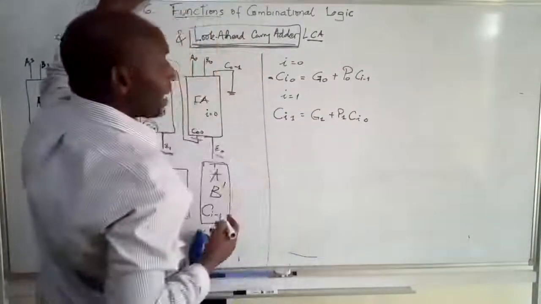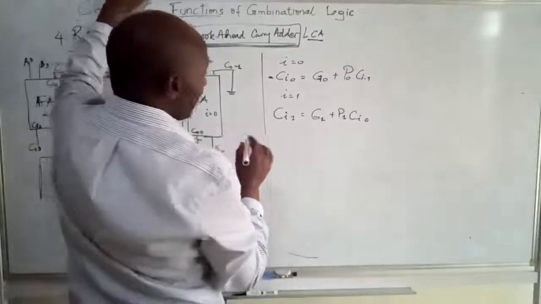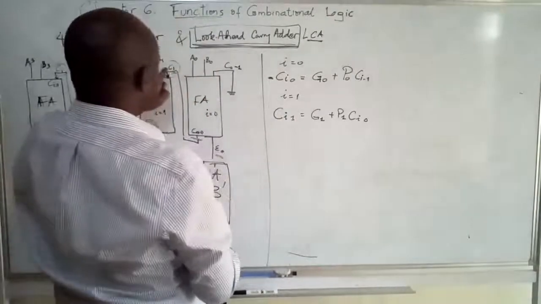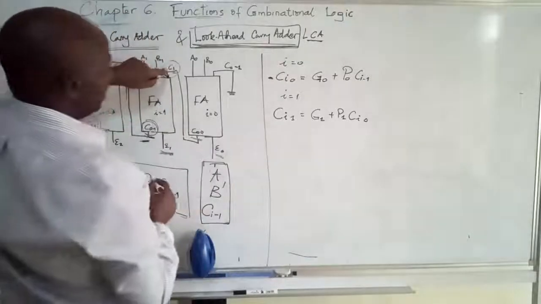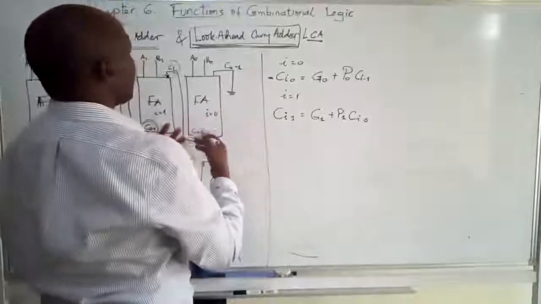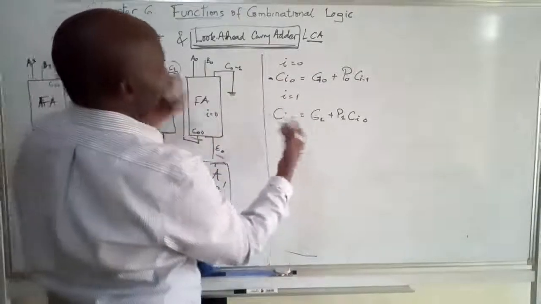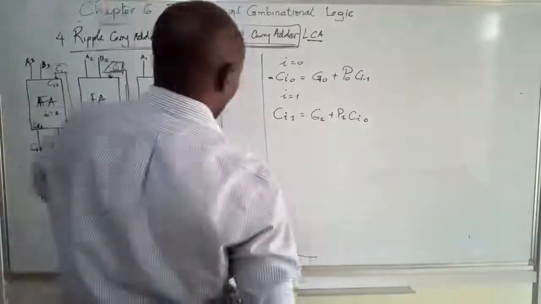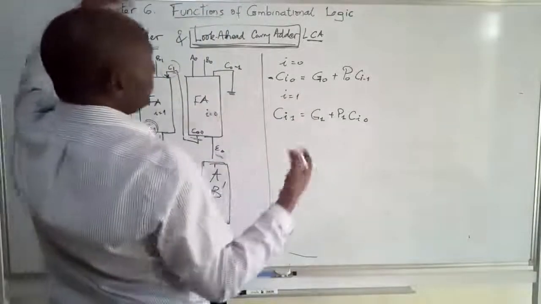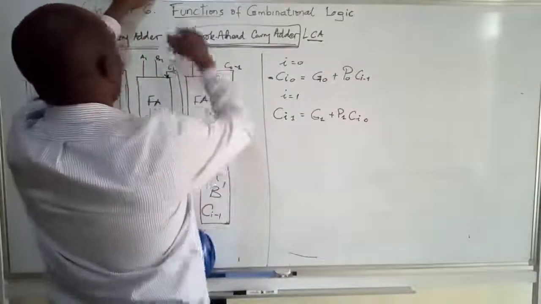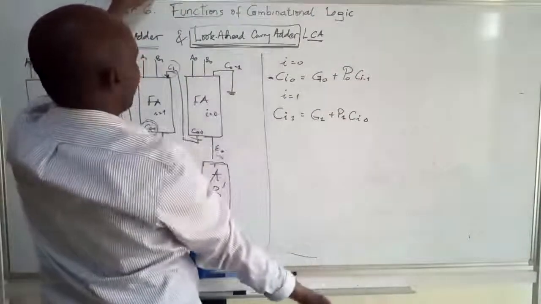Now, friends, as you can see here, to get the C input, it is the C out. So sometimes the C out and C in are the same. Or if you want, you can name it C out, C in, because C out will be the C in of the second one. It is the same.